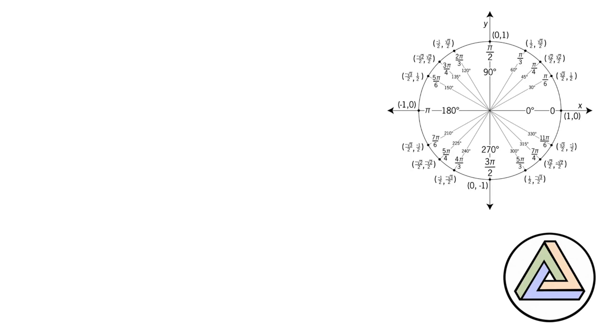Okay, and another problem, this will be the last problem for this video, that you might have to deal with is something like, let's see, 3 sine squared theta minus 7 sine theta plus 2 equals 0.